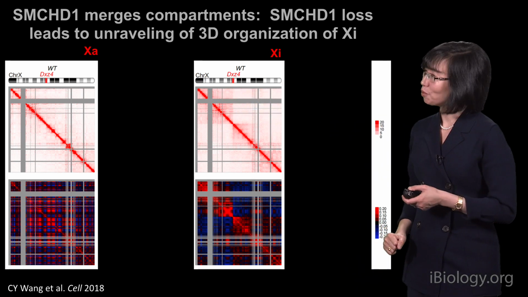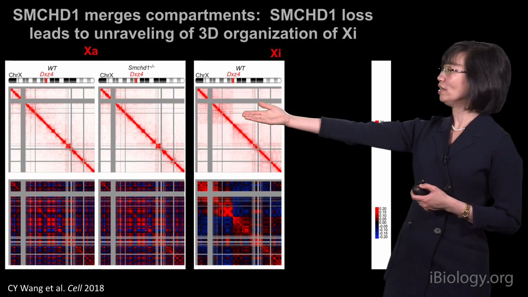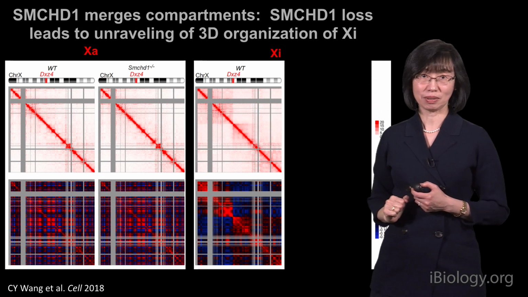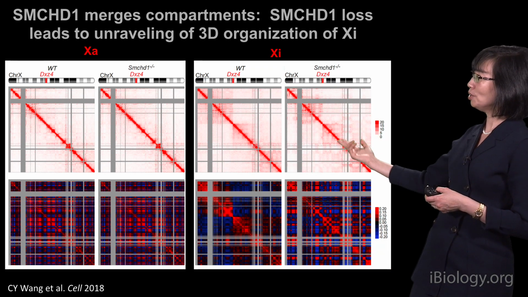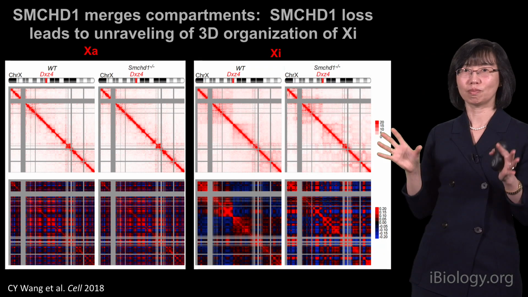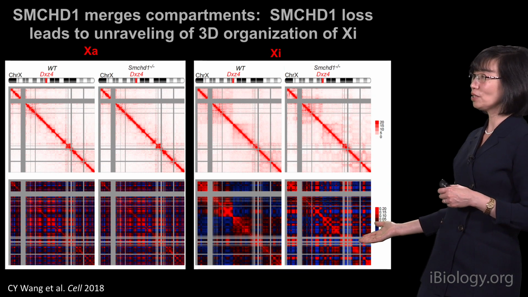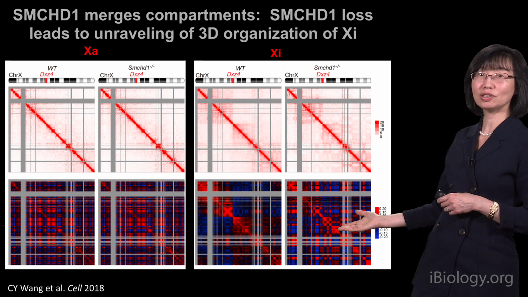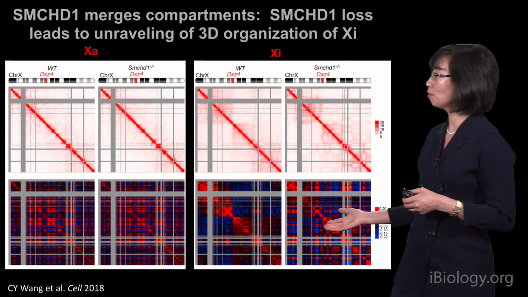Now contrast that with what happens when we remove SMCHD1, and on the active X chromosome, nothing happens. But on the inactive X chromosome, you see that these two megadomains start to break up. And that can be much better visualized by going to the bottom set of panels. These are heat maps of Pearson correlation coefficients.